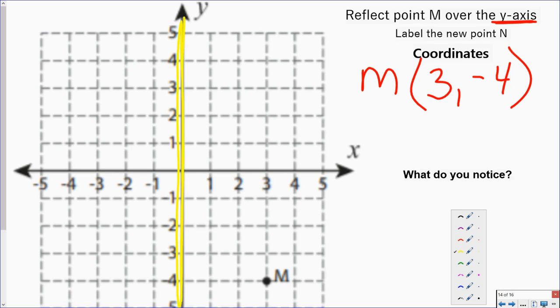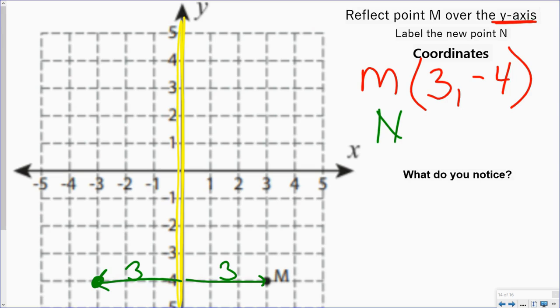And so when I take a look at that, I see that M is 3 units to the right. So that means my reflection is going to go 3 units to the left and put it right here. So N is at -3, -4.